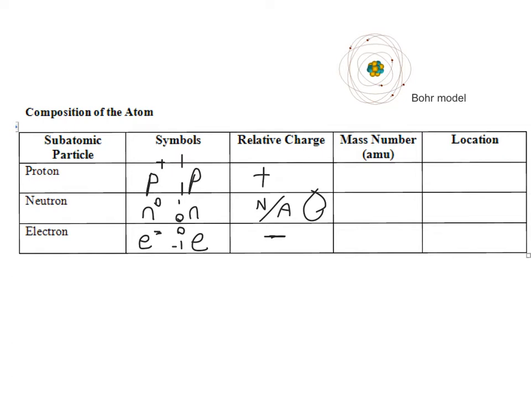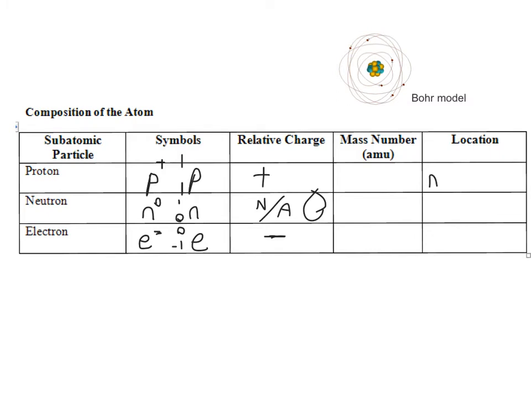Now let's talk about masses. Rutherford discovered that all of the mass of an atom is in the very, very, very center of your atom, in that nucleus. Well, through experimentation, we also discovered that the only two things that lived there were protons and neutrons.